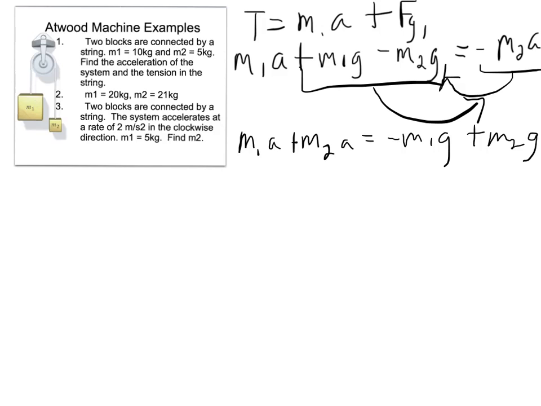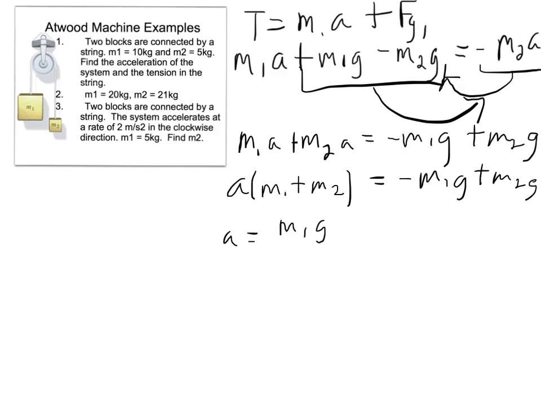Now I need to solve for a. I'll factor a out of here, and I get a times m1 plus m2 equals negative m1g plus m2g. Therefore, a equals negative m1g plus m2g, divided by m1 plus m2, on both sides over m1 plus m2.